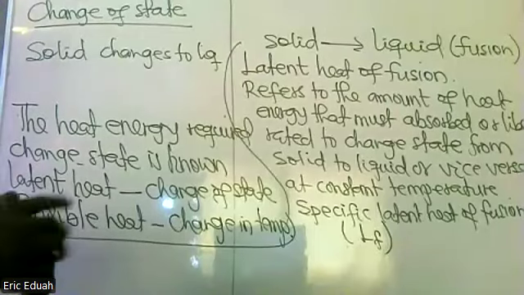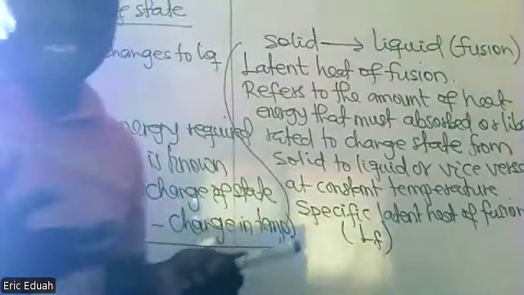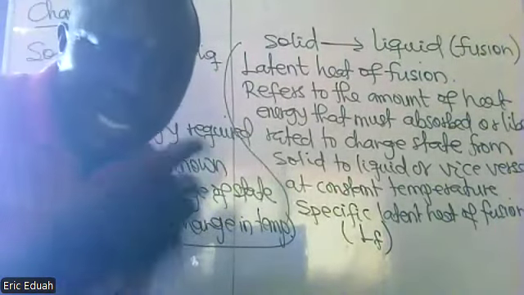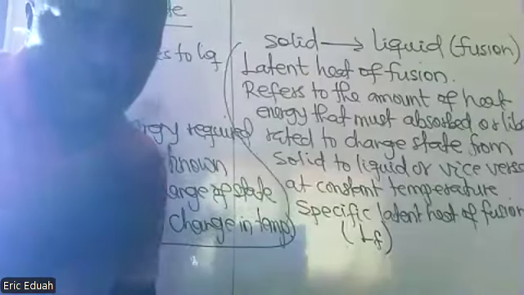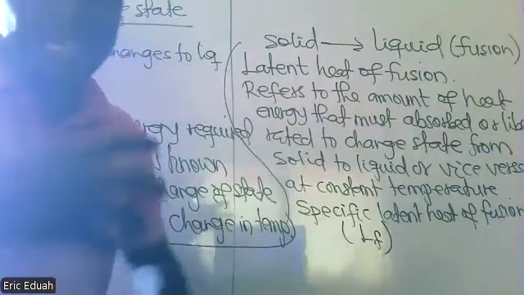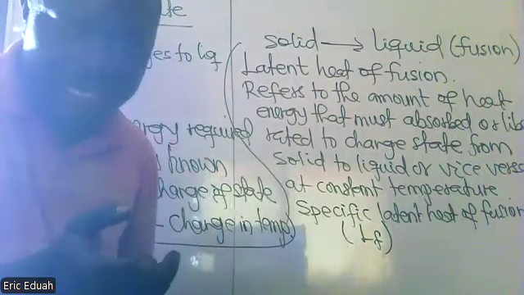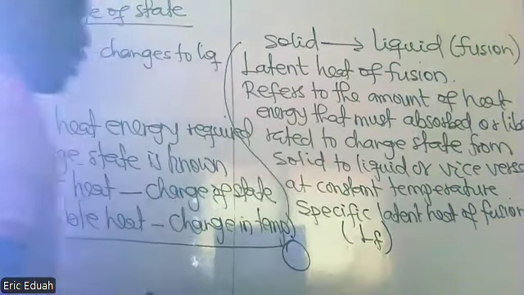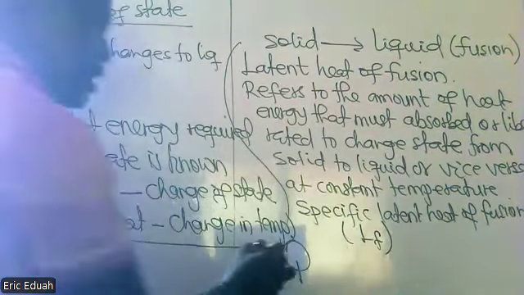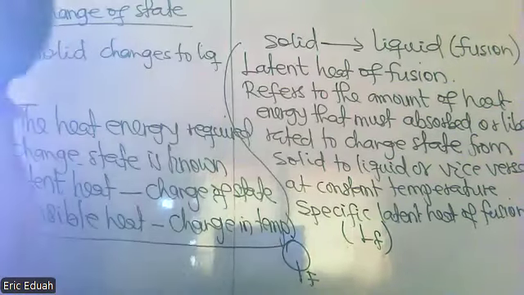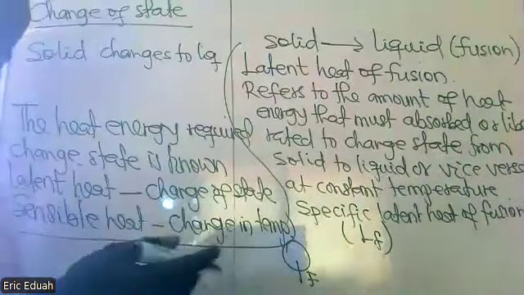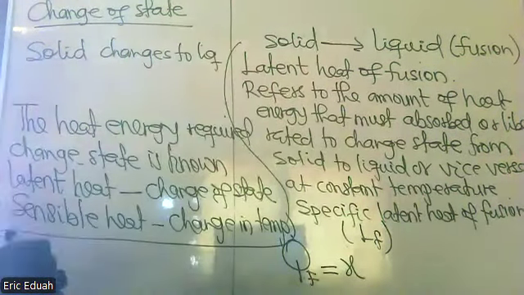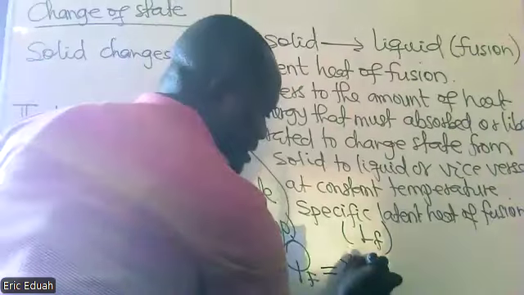Now, if I'm giving X mass of a material, to calculate the quantity of heat energy that must be absorbed or liberated in order to change states, that quantity of heat energy, Q subscript F to denote that it is fusion, would be equal to the X mass of the material times.